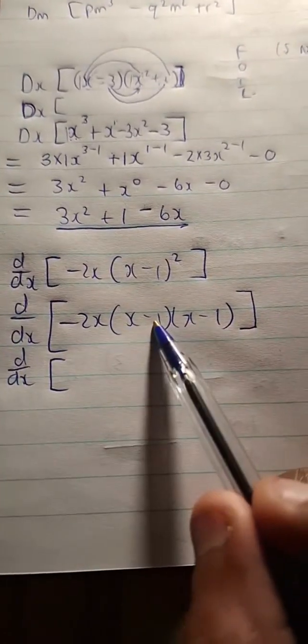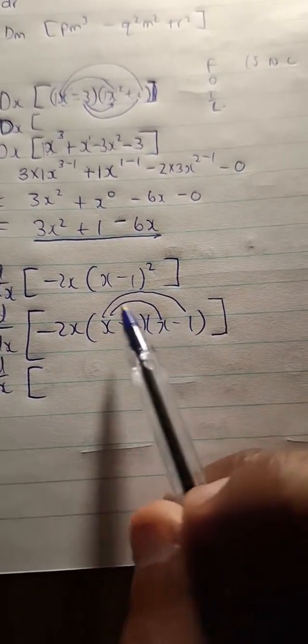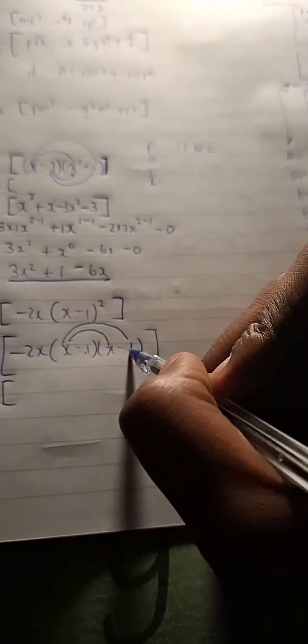Okay, right. Then according to our grade 9 method, we are going to distribute. Distributive law. We are going to multiply x and x. Take the same x, multiply x and negative 1. Take negative 1 times x. Take negative 1 times negative 1.